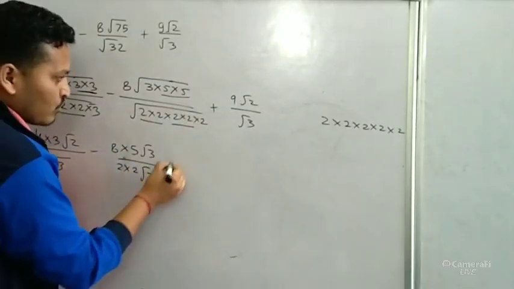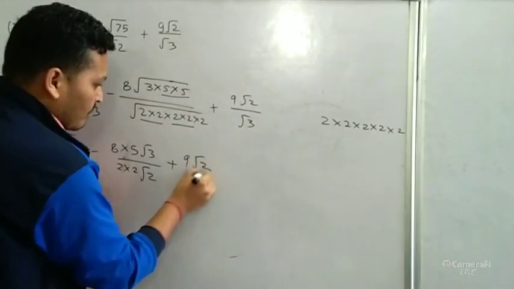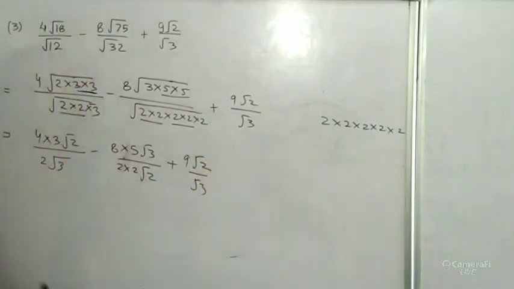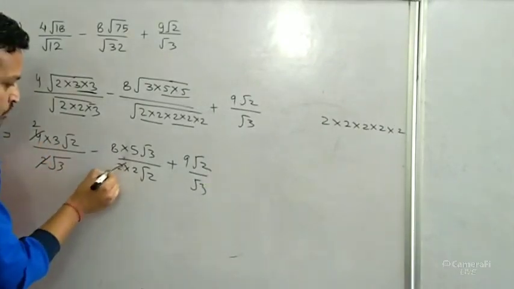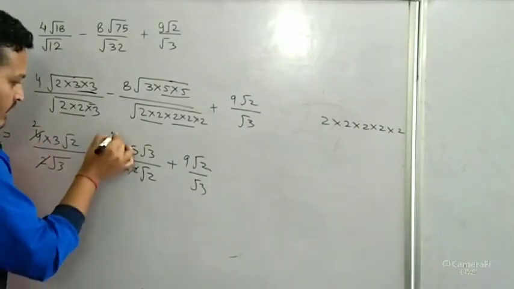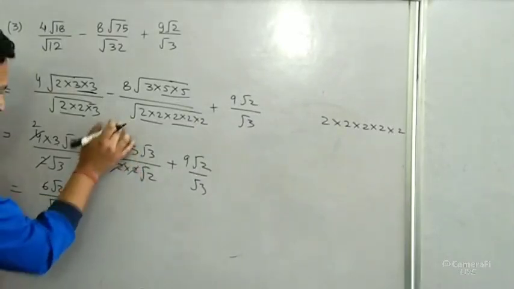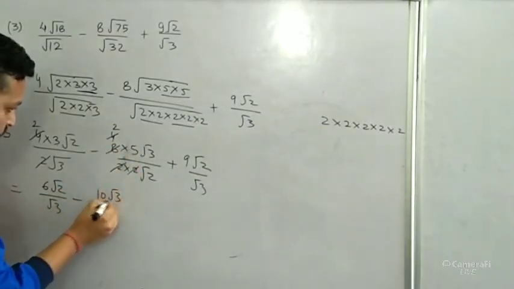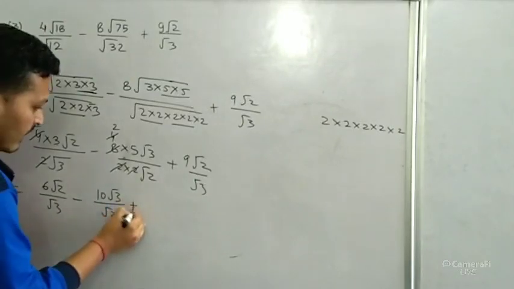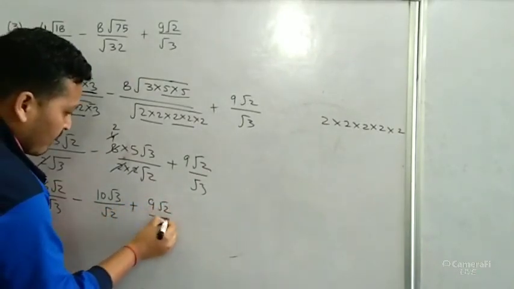Then the remaining is 2, plus 9 root 2 upon root 3. It has become very simple. See, 2 2s are 4, next 2 4s are 8, 2 1s are 2, 2 2s are 4. So here we can write 2 into 3 is 6 root 2 upon root 3, minus 5 2s are 10 root 3 upon root 2, and plus 9 root 2 upon root 3.